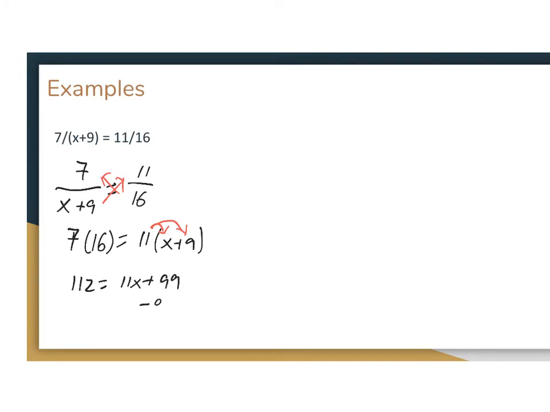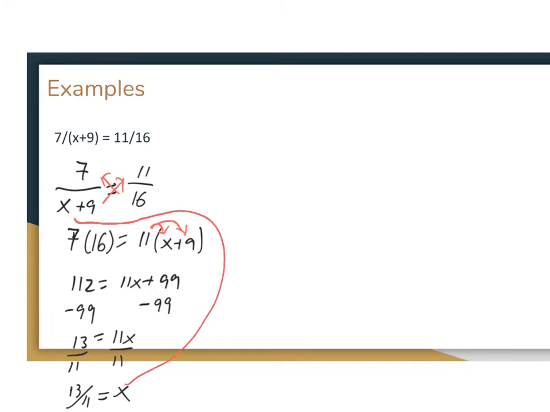We can subtract 99. We end up with 13 is equal to 11x. Divide by 11. We see that 13 over 11 is equal to x. We will check our answer by plugging it in to our equation.